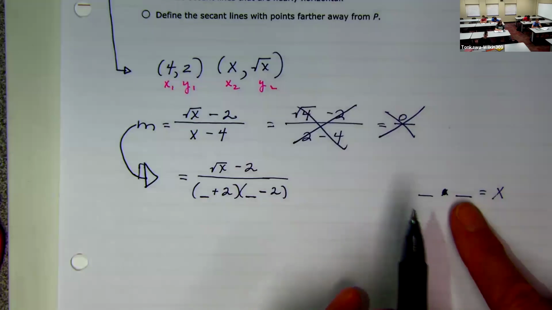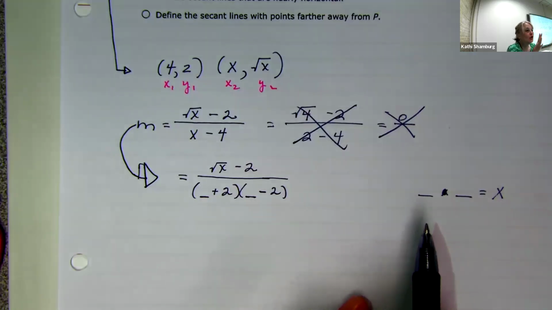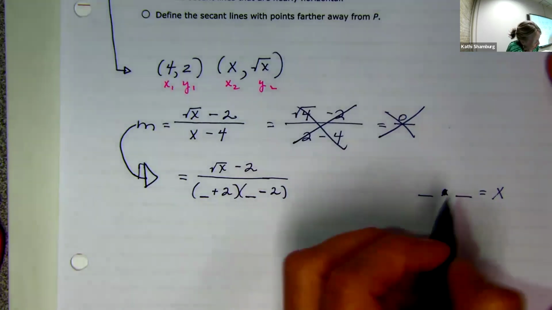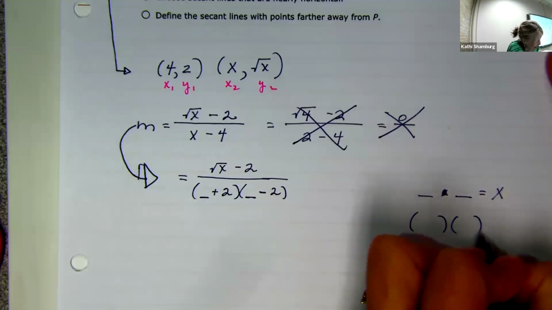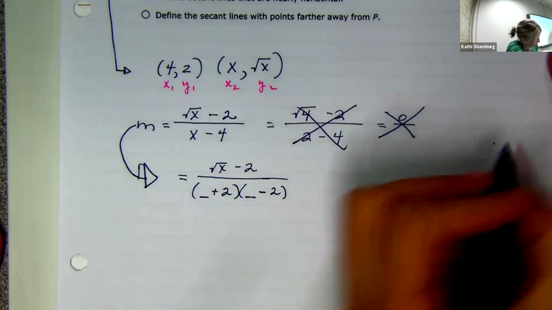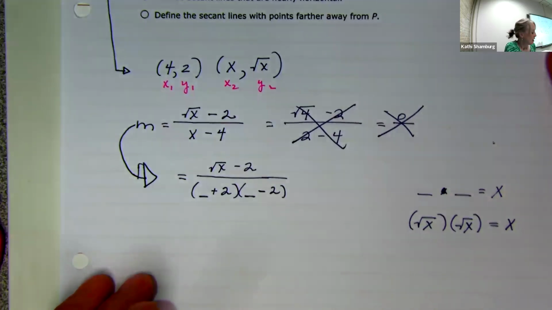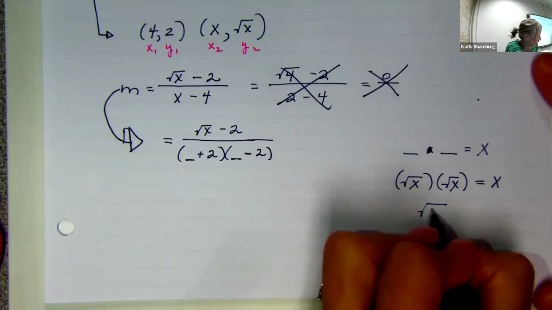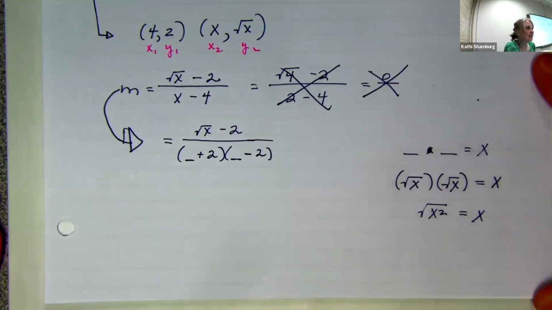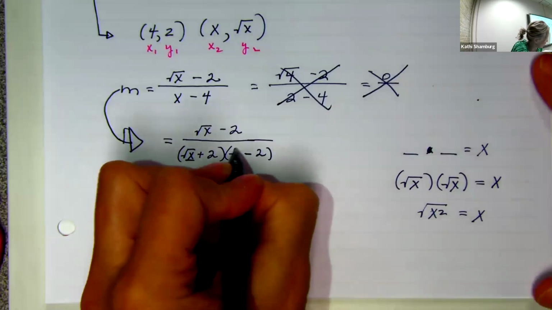Why? Well, x times x is x squared, but that's not what I want. So what times what would give me x? How about the square root of x times the square root of x? Isn't that the square root of x squared, which is x? Okay, so I'm going to force this to be the square root of x times the square root of x.